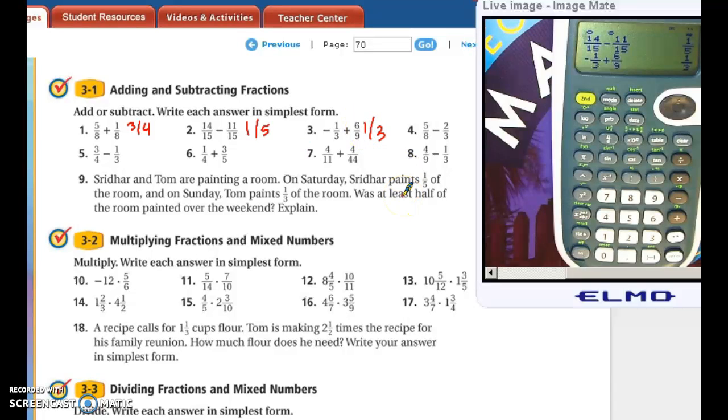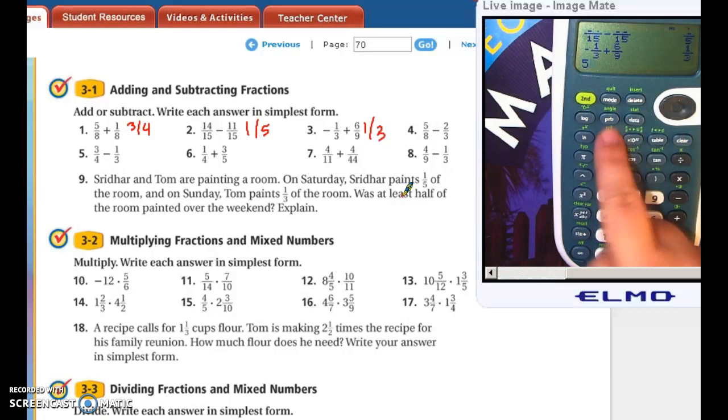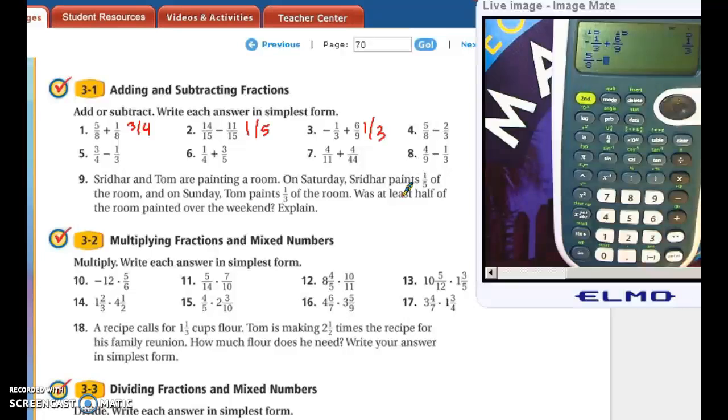For number 4, we have 5 over 8 minus 2 over 3. And that is negative 1 over 24.